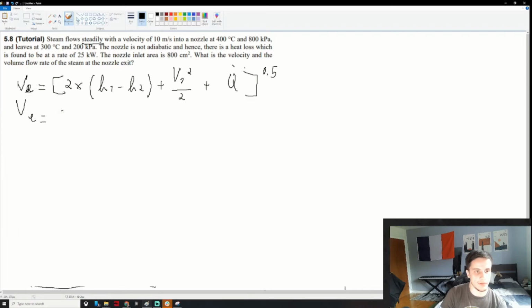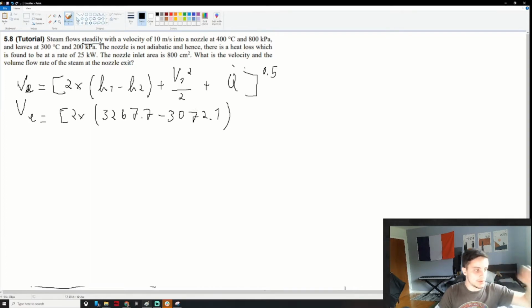Now we plug in everything, 2 times the specific enthalpies that we found. So for the initial state, it'll be 3,267.7 minus 3,072.1. Voila. And now what would this give us? If you look at your property tables, you see that your specific enthalpy is given to you in kilojoules per kilogram.